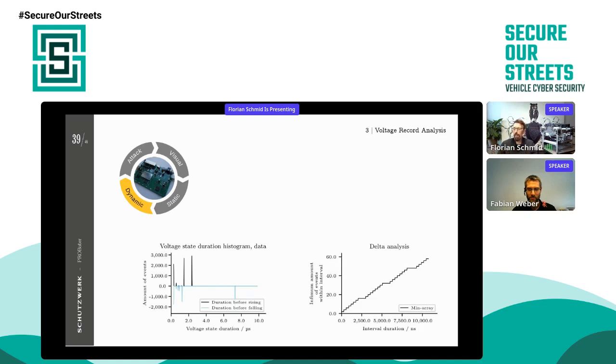On the right side, you have this delta analysis plot, which leads to a staircase function. And as you can see here, we use the clock signal of an SPI transmission, that has quite similar durations for each reoccurring state, which are then interrupted by a longer duration.